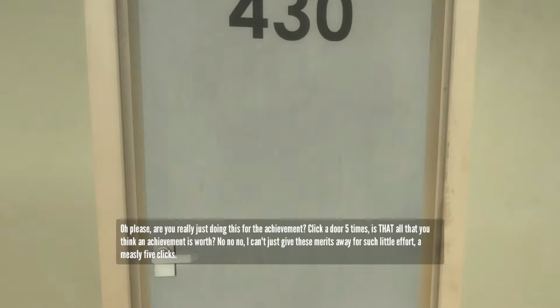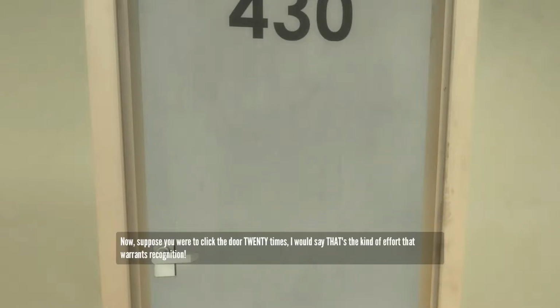Oh, please. Are you really just doing this for the achievement? Click a door 5 times. Is that all that you think an achievement is worth? No. I can't just give these merits away for such little effort. Of course you can't. Now suppose you were to click the door 20 times. I would say that's the kind of effort that warrants recognition. Of course.